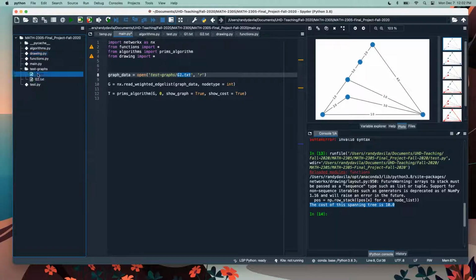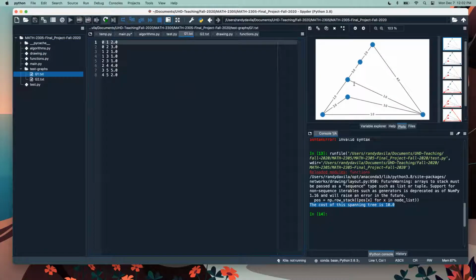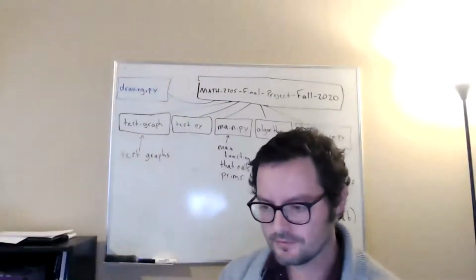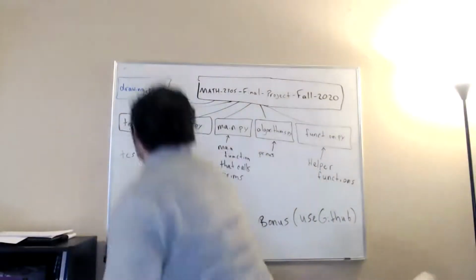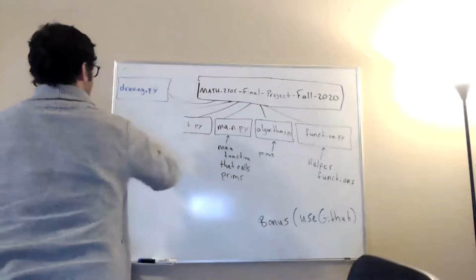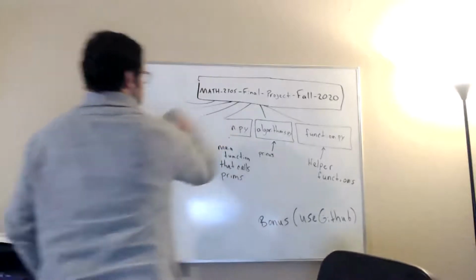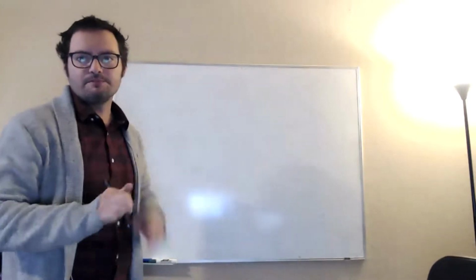I gave you this one graph called G1, which is this one, but you can make another one, I suppose. For example, let me just make one up. And all of you can just make up your own graphs.